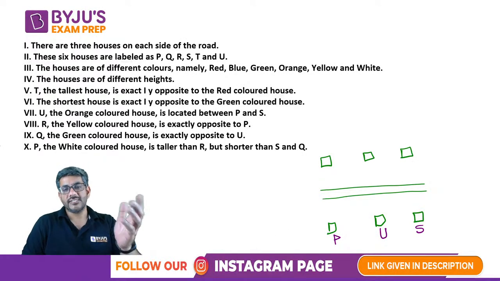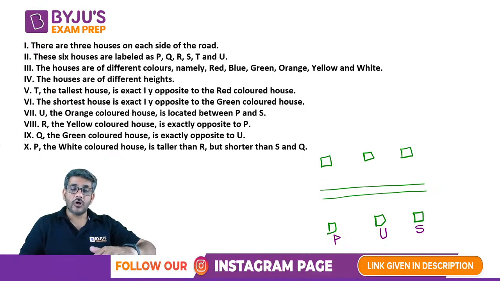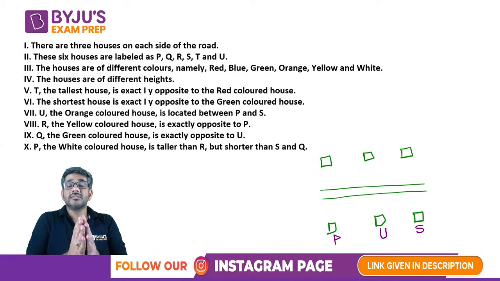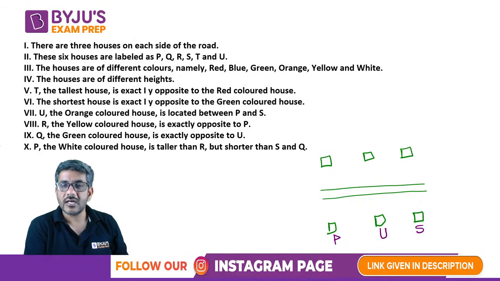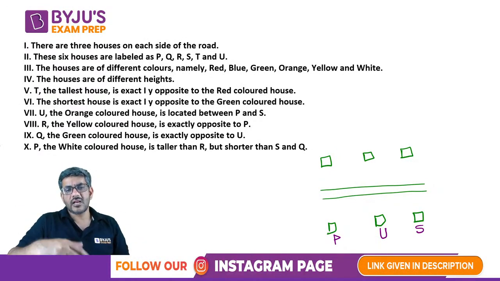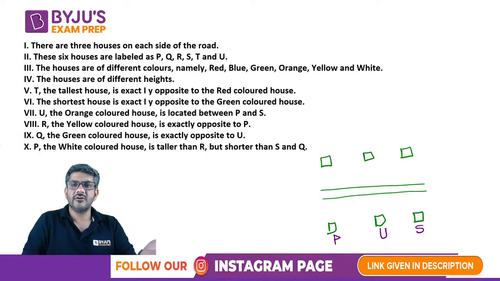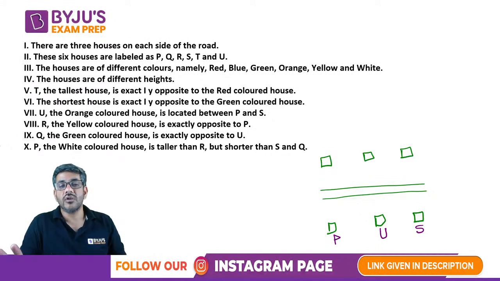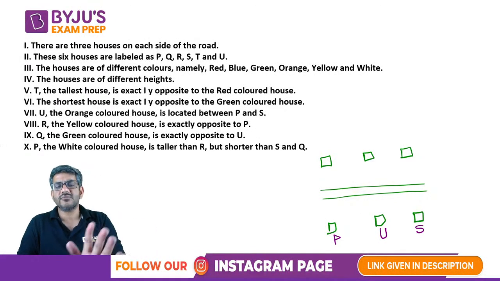Now you might have a question: Sir, can't they be on the other side of the road? My answer would be, it does not make a difference. In the previous question, you may remember, an entry and a corridor were given, and he was telling you this is to the right of the corridor, this is to the left of the corridor. Here there is no right, there is no left. Nowhere in any of the statements is it said this is to the right of this or to the left of this.